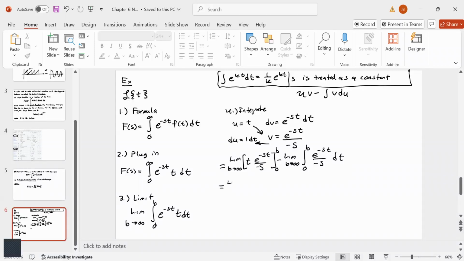So I'm going to plug in b, minus 0 times e to the negative s times 0 over negative s, minus the integral of e to the negative st, which is again just e to the negative st. So minus 1 over negative s e, well, can't forget the limit. Sorry.